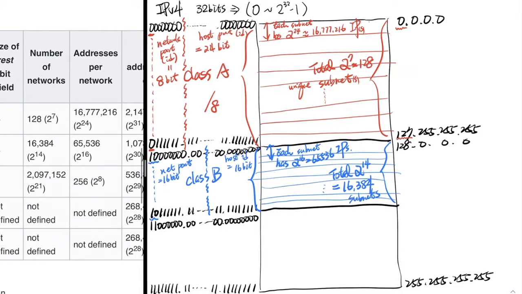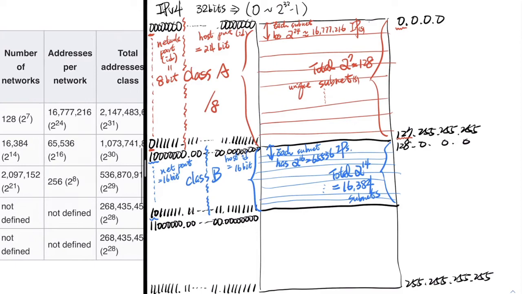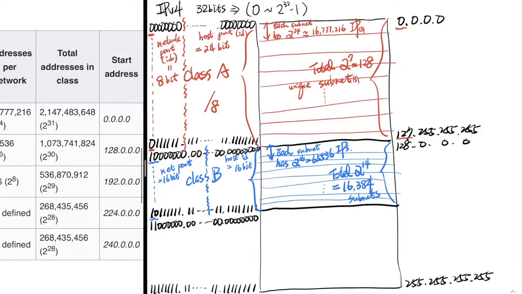We have 16,000 subnets, and for each subnet we have 65,000 unique IP addresses in each blue block. So in total we have that much. It should be 1 billion IP addresses.